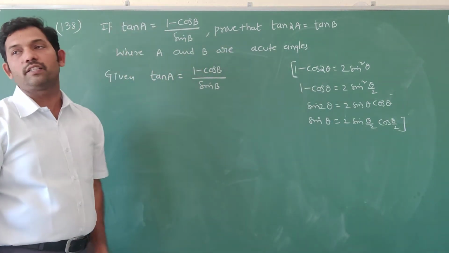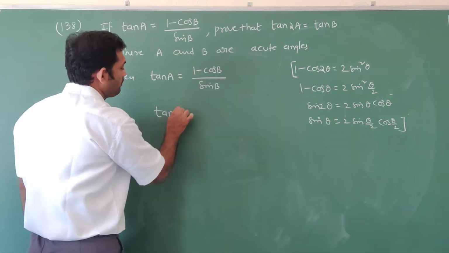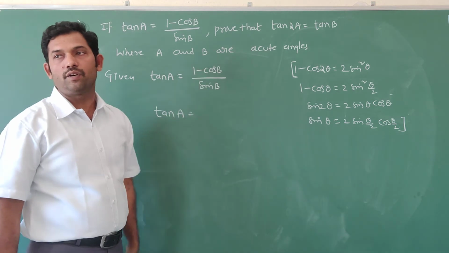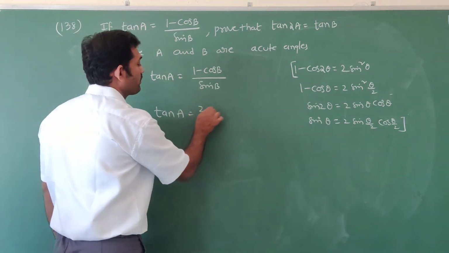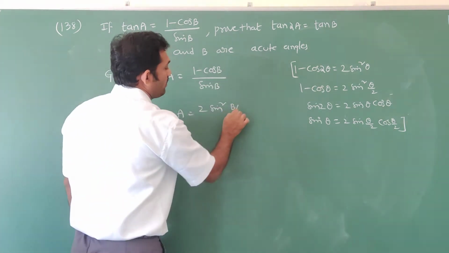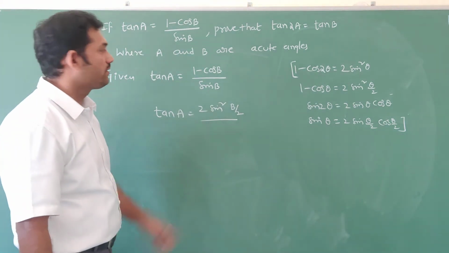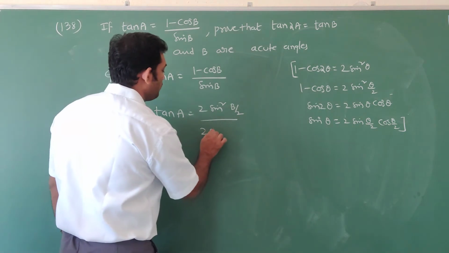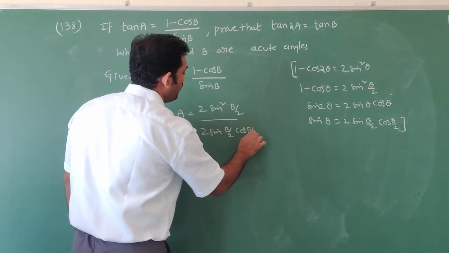Using those formulas we have to simplify this. So tan A equal to 1 minus cos theta, you have to compare that formula. What happens? 2 sin square theta by 2, and for sin theta you have to compare the same way: 2 sin B by 2 cos B by 2.